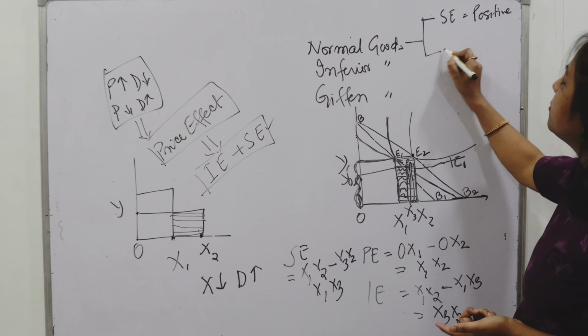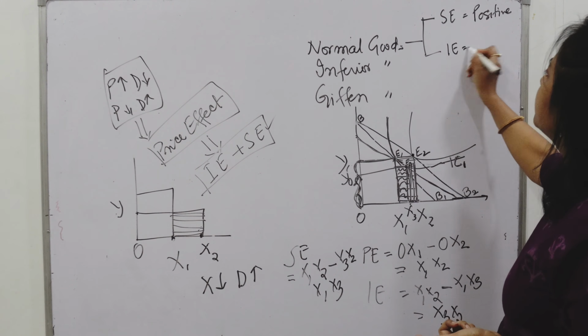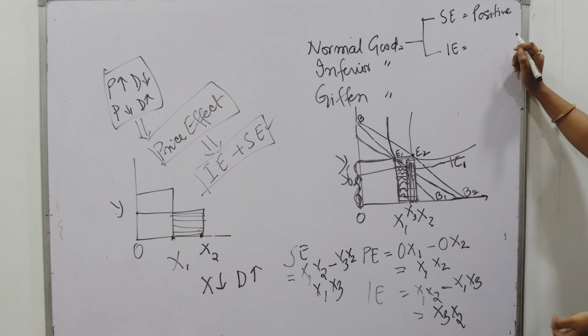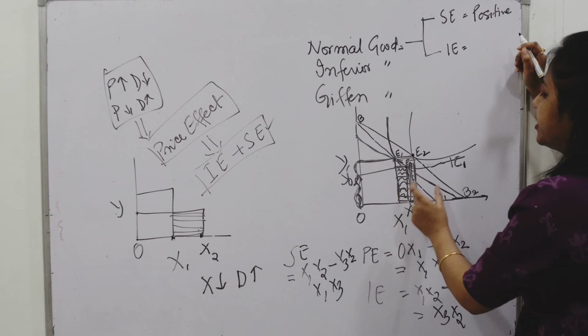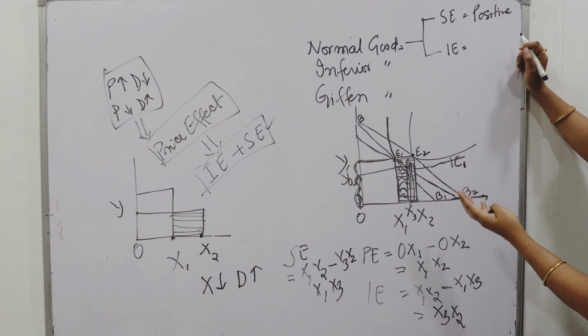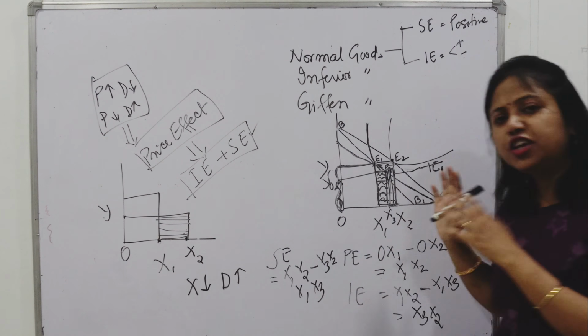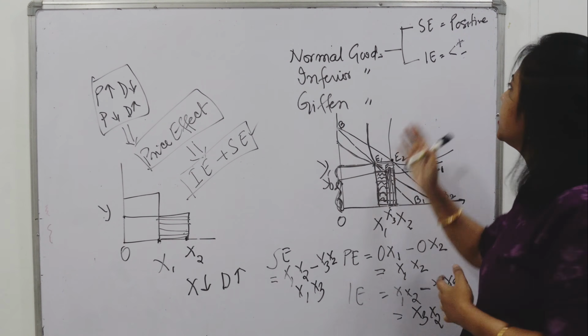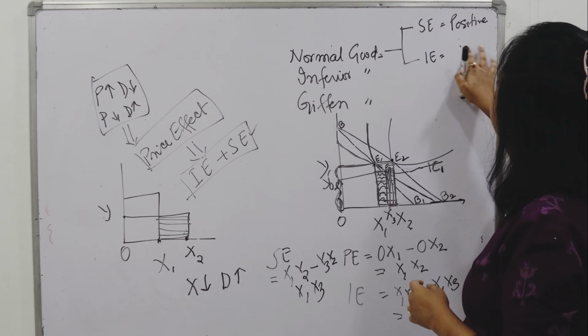But what is income effect in case of a normal good? In case of a normal good, income effect is also positive, because as we increase the income, the demand for that commodity also increases. So the income effect is positive in case of a normal good.